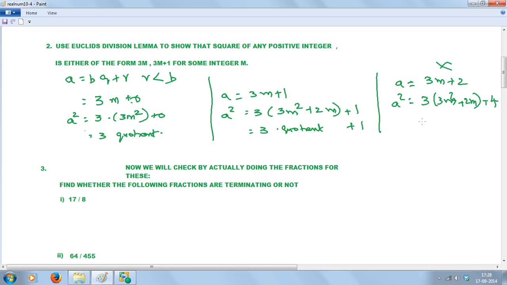We can of course rewrite it as 3 multiplied by 3m square plus 4m plus 1, plus 1. So again it falls in the category of the first one, 3m plus 1. These are of the form 3m plus 1. It is not 3m plus 2 or 4. So the first two are the answers.